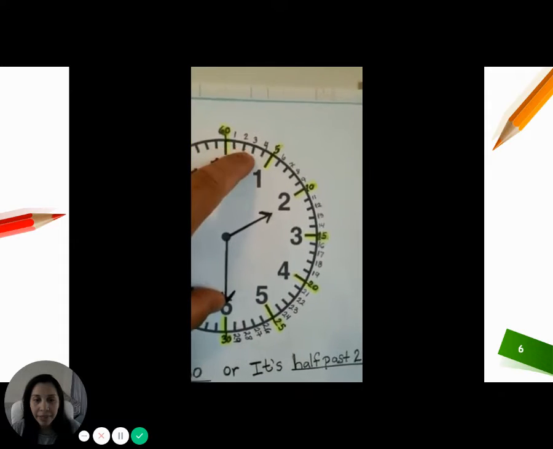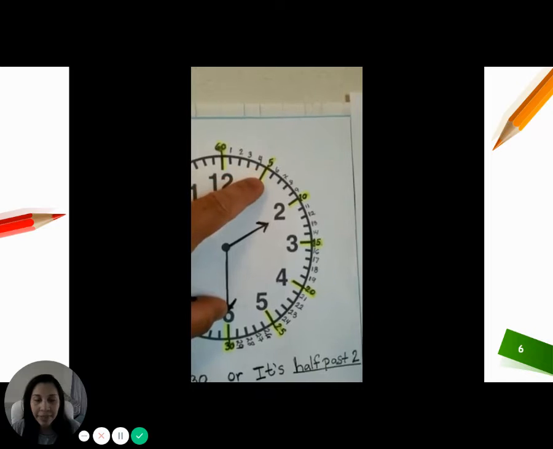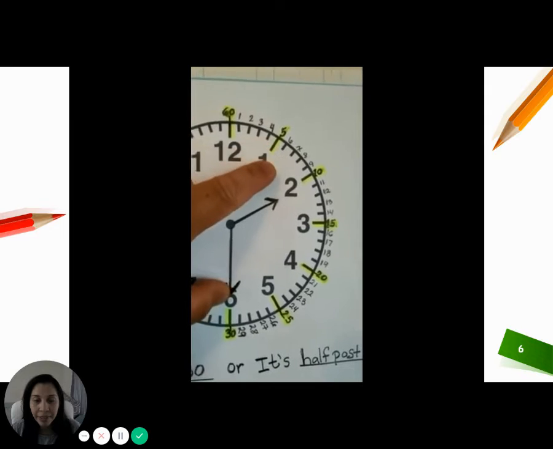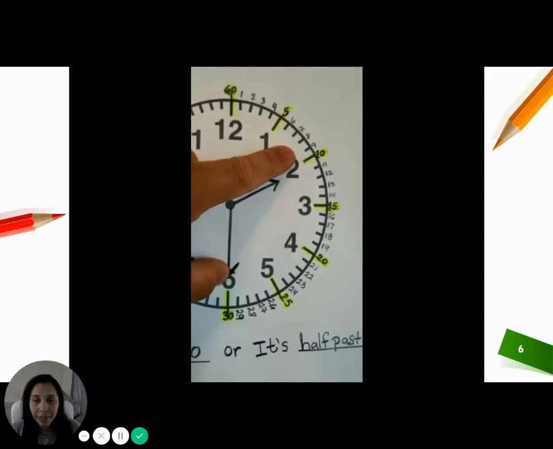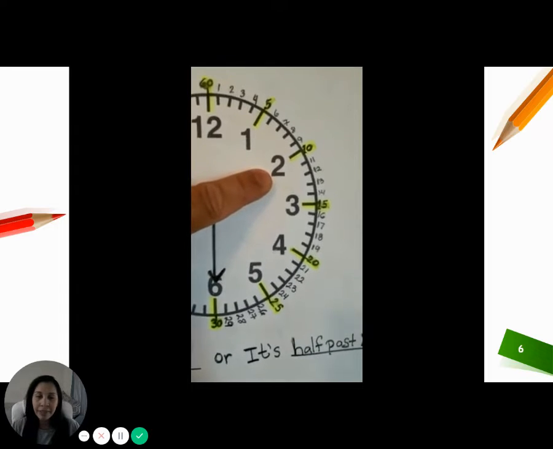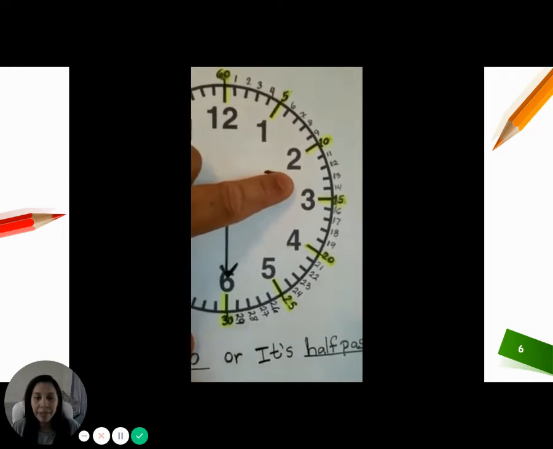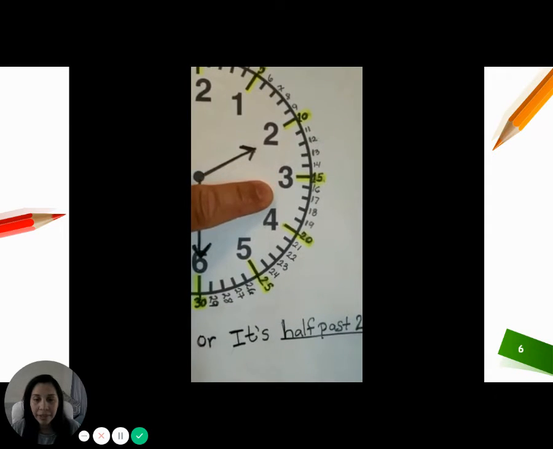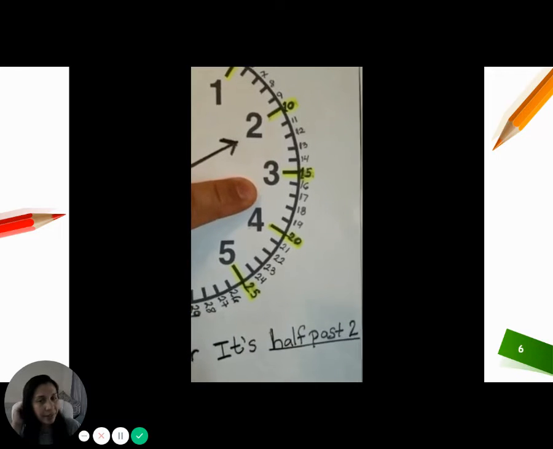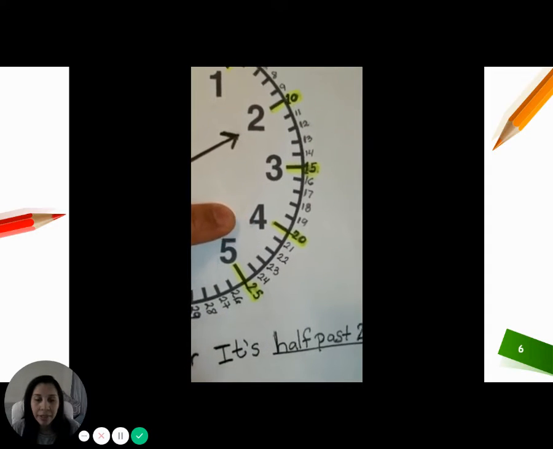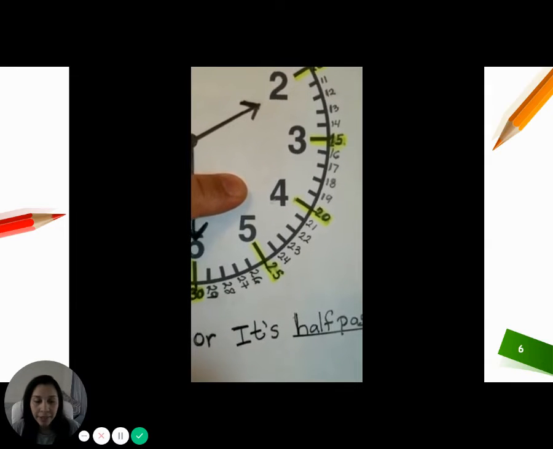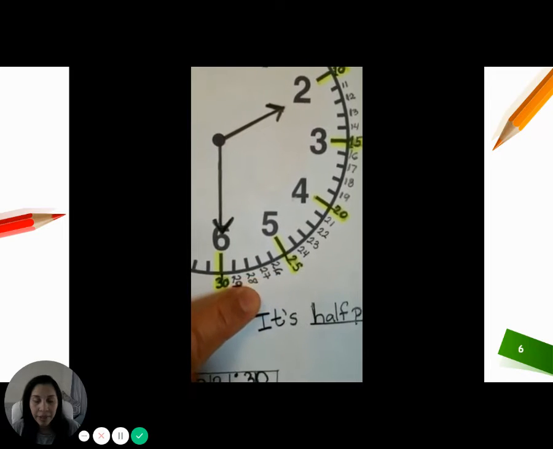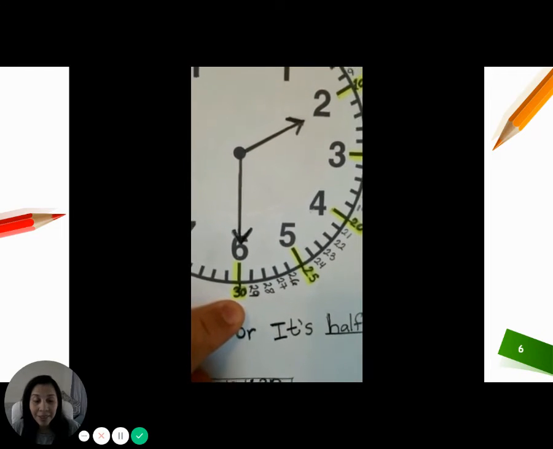So we have 1, 2, 3, 4, 5 minutes. So number 1 is equal to 5 minutes. 6, 7, 8, 9, 10. Number 2 is equal to 10 minutes. 11, 12, 13, 14, 15. 16, 17, 18, 19, 20. 21, 22, 23, 24, 25. 26, 27, 28, 29, 30.